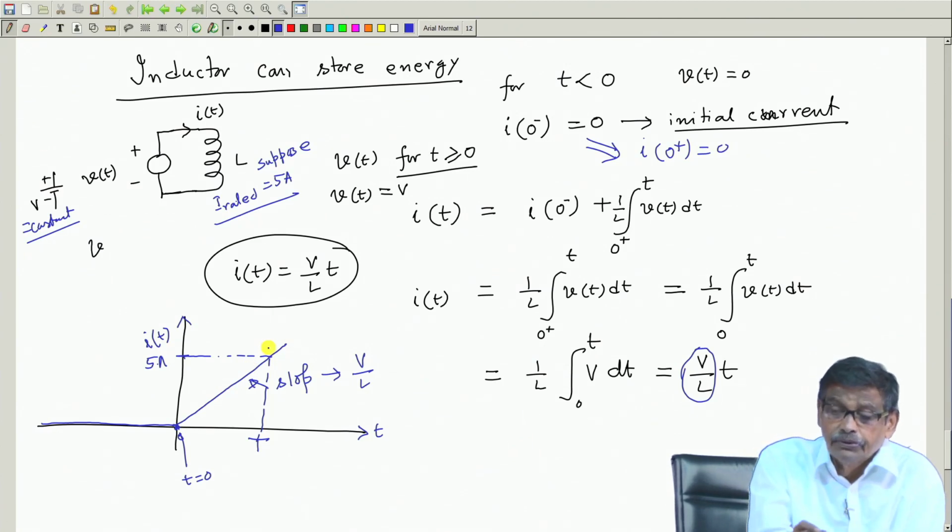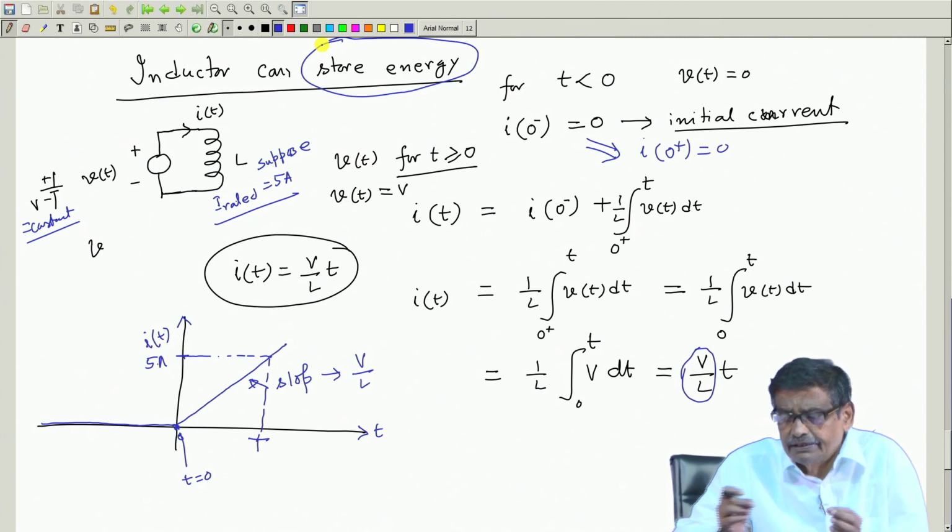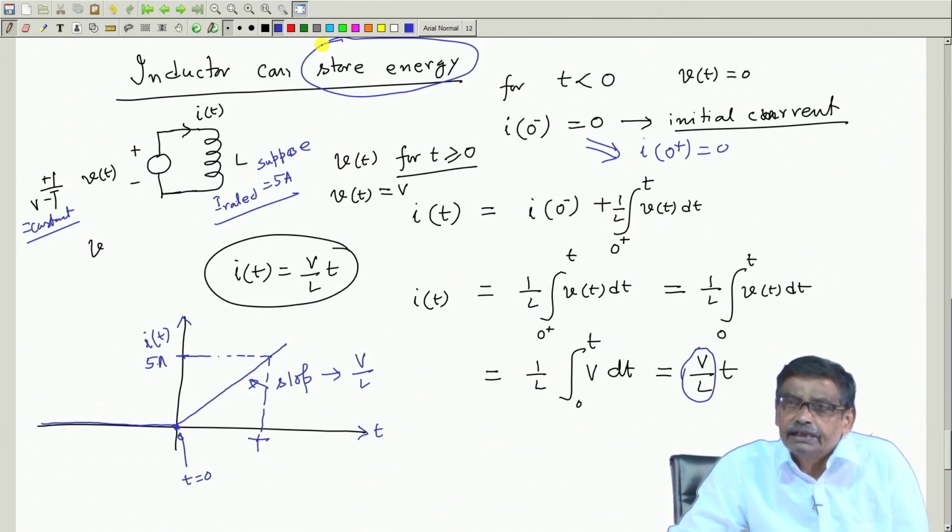Now, as I told you, I will concentrate upon energy storage in an inductor. Unlike a resistor, whatever the power, I squared R or voltage across the resistor times current, they are one and the same thing.